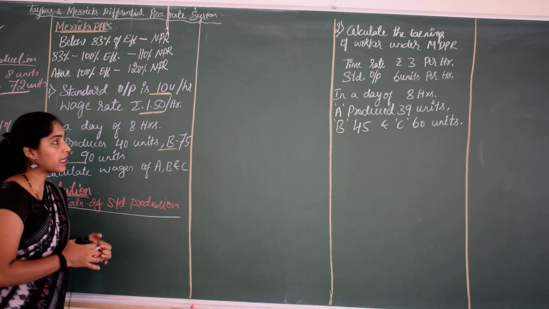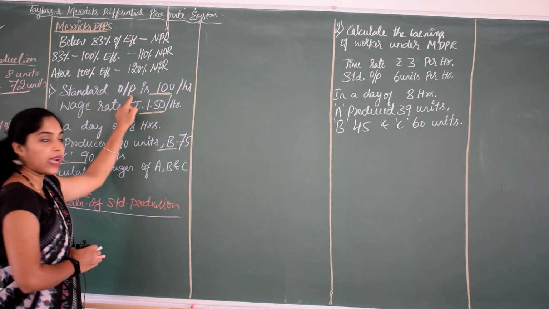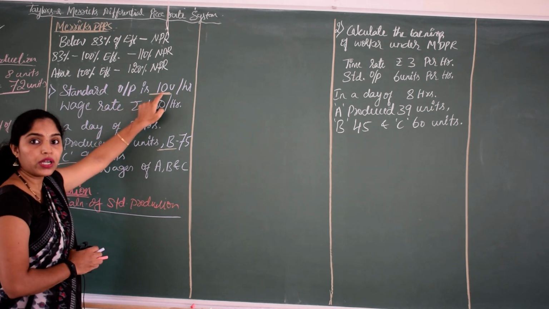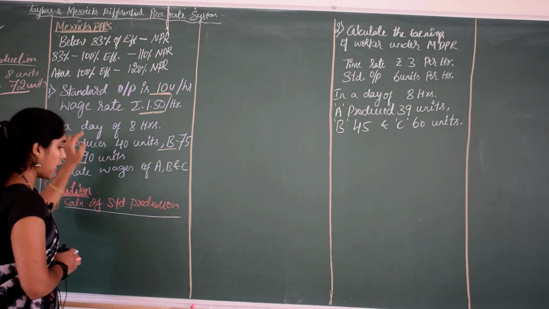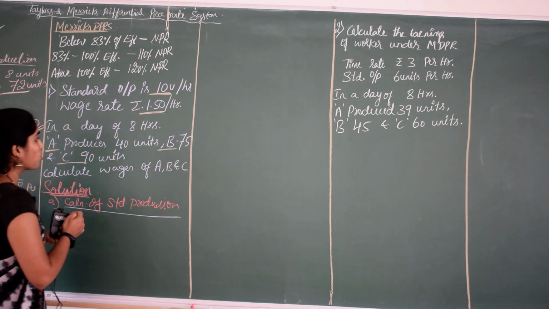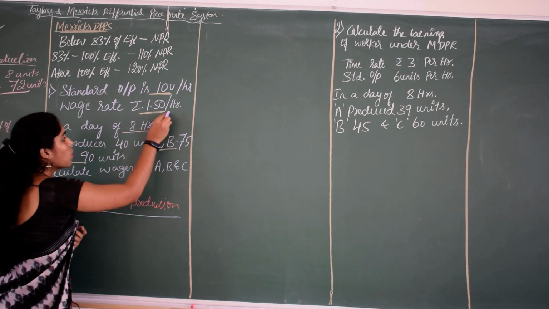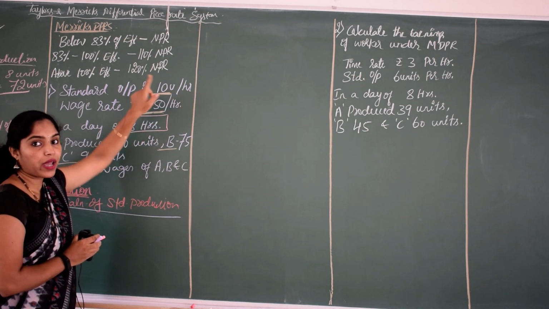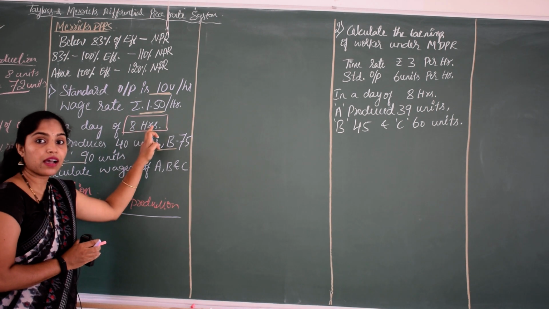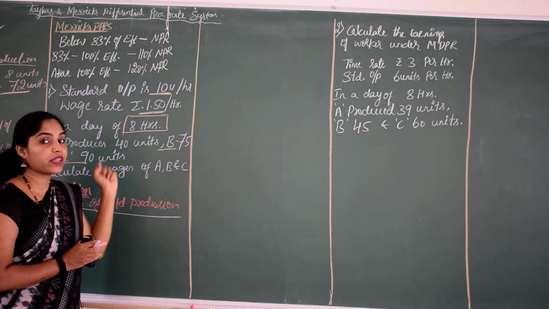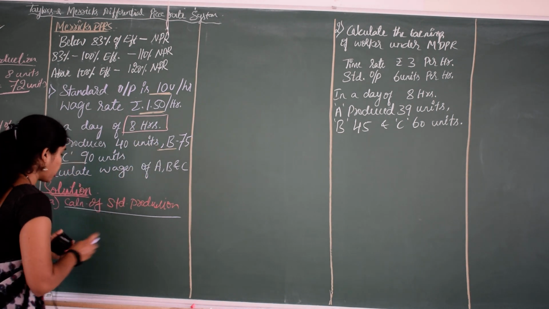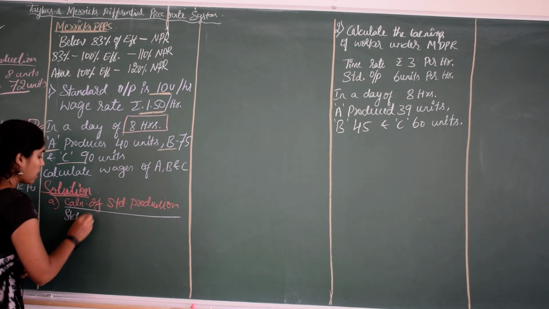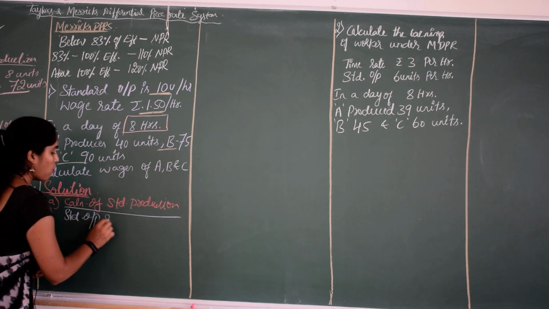So how do you calculate the standard production? Standard output is given as 10 units per hour. And how many hours are the employees going to work? They are going to work for 8 hours. For 1 hour they manufacture 10 units. For 8 hours, how many units? That is our standard output.